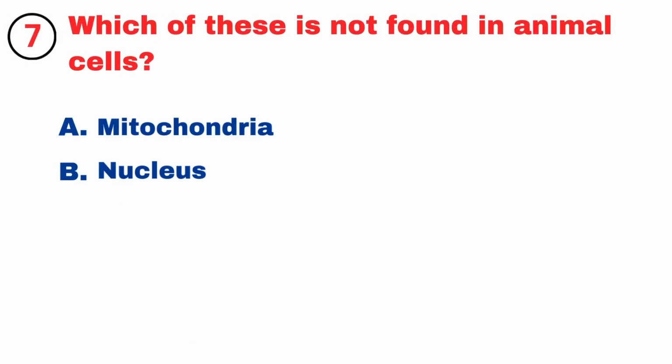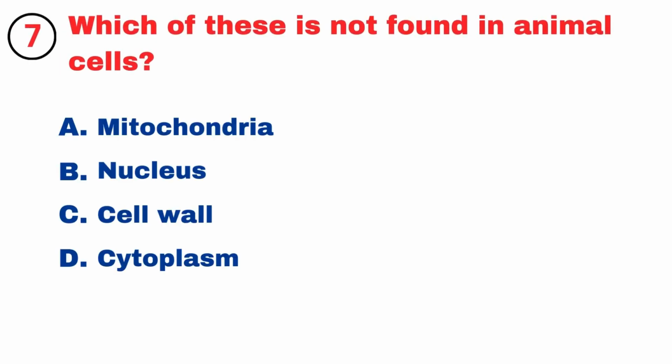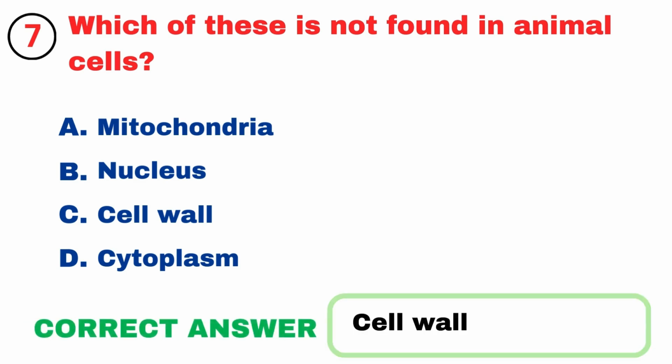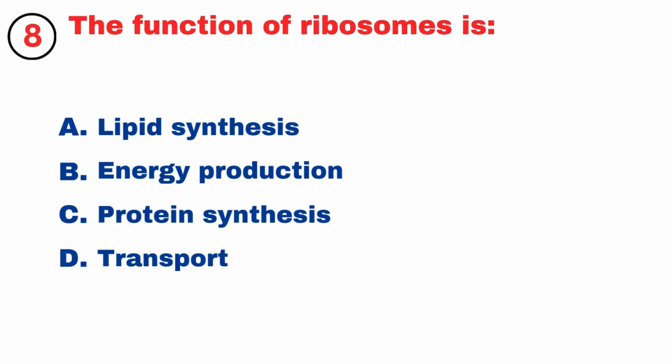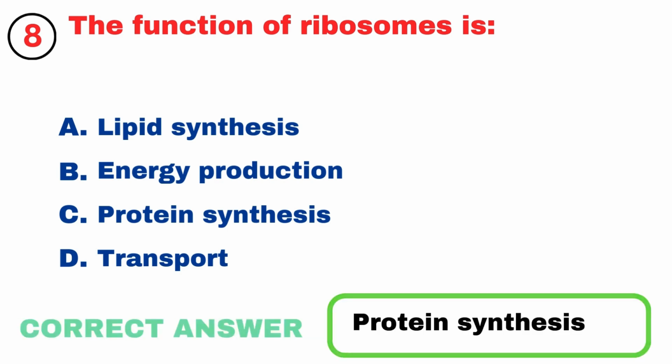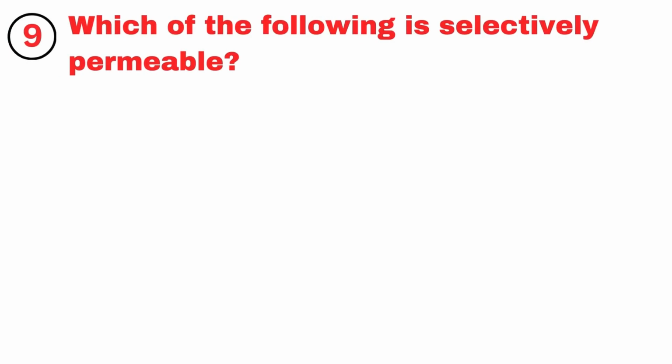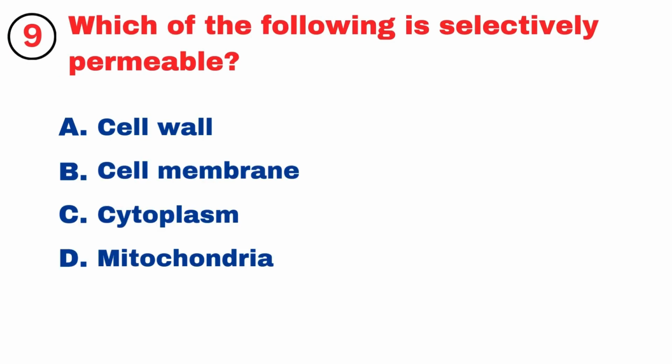Which of these is not found in animal cells? Cell wall. The function of ribosomes is protein synthesis.